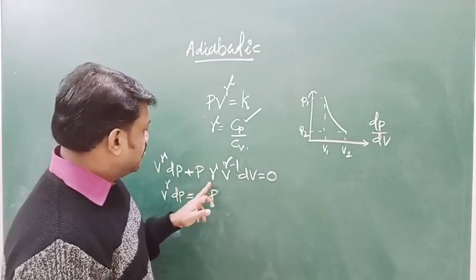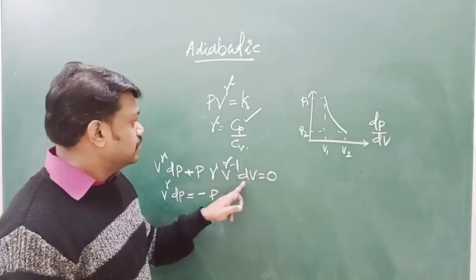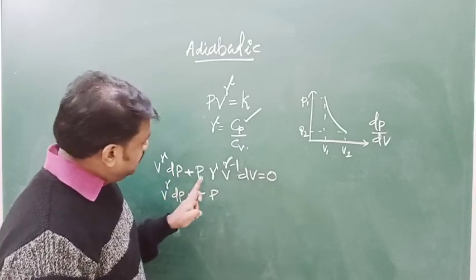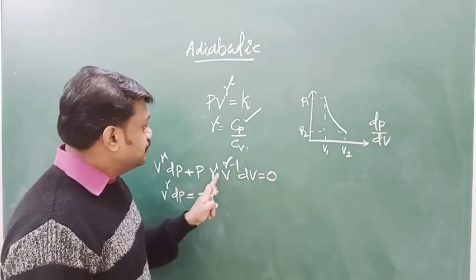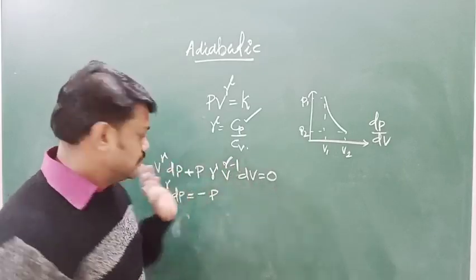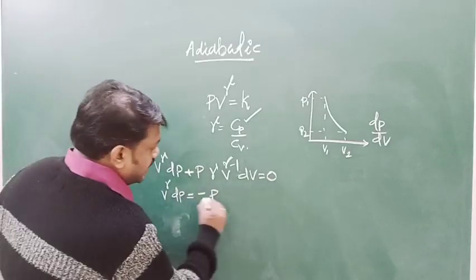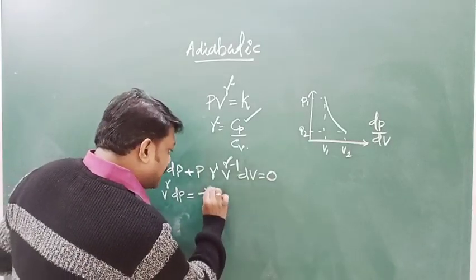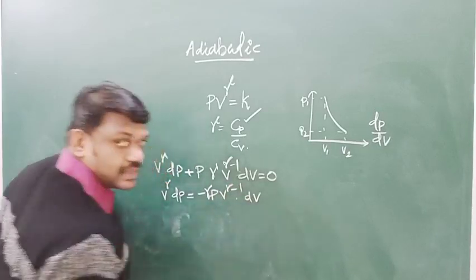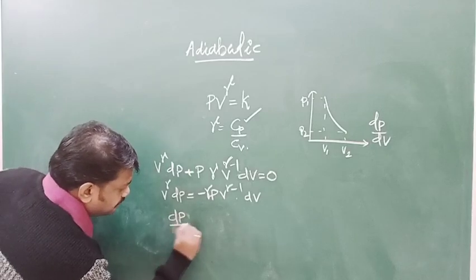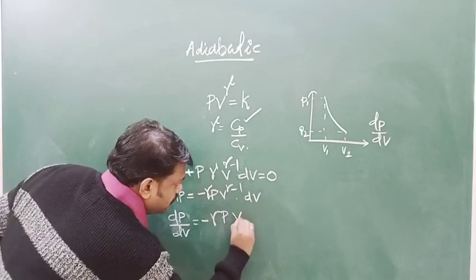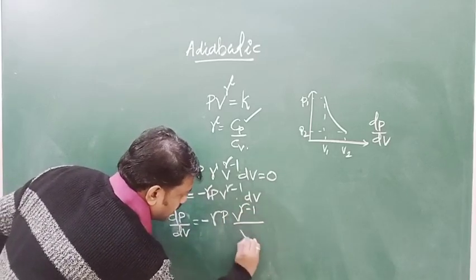This is the differential of V^gamma times the differential of P, plus P times the differential of V^gamma, that is gamma V^(gamma-1) multiplied by dV, equal to 0. So V^gamma dP is equal to minus gamma P V^(gamma-1) dV. Then dP by dV is equal to minus gamma P V^(gamma-1) divided by V^gamma.